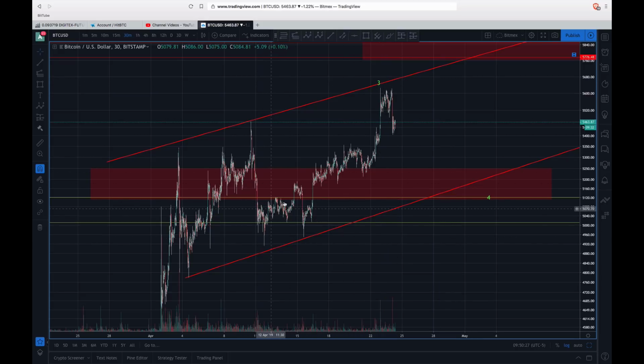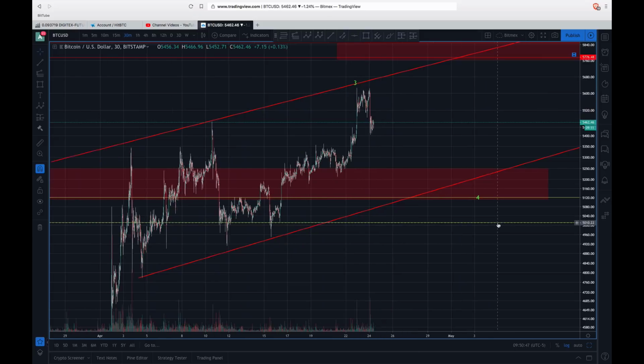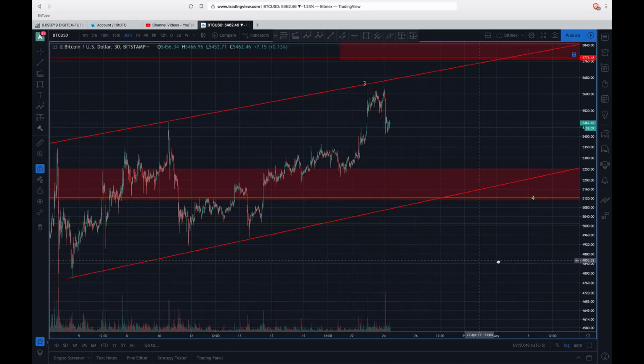It depends on how you count this correction, but ultimately I see the potential for 5 waves to have been complete right here in this sub wave. So it could be a 1, 2, 3, 4, and then in this 5 wave we have subdivision to end a 5.